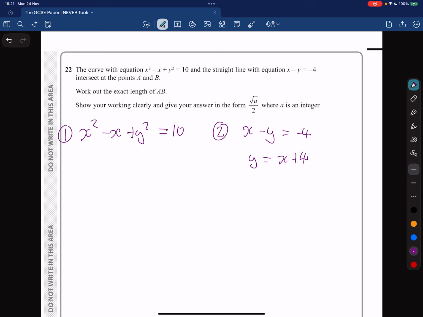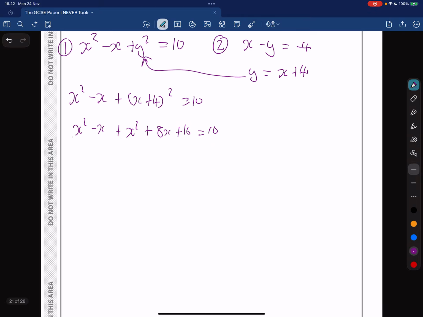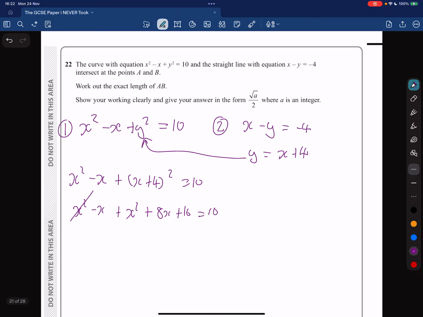Okay, so we're going to substitute this into there. So we have x squared minus x plus 4 squared is 10, plus x squared plus 8x plus 16 is 10. Okay, that's interesting, because apparently it should have 2 intersection points.